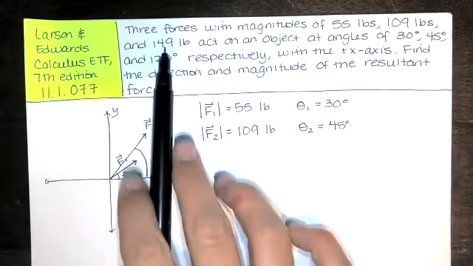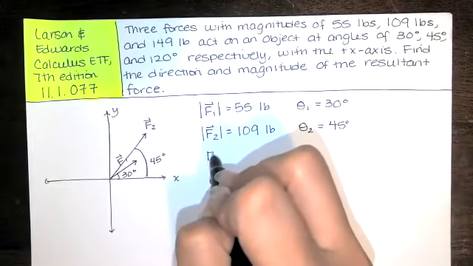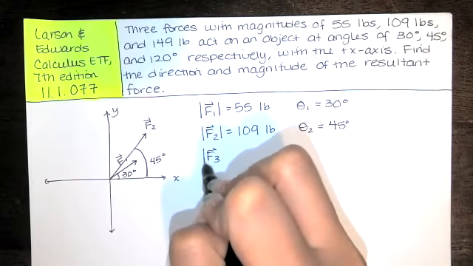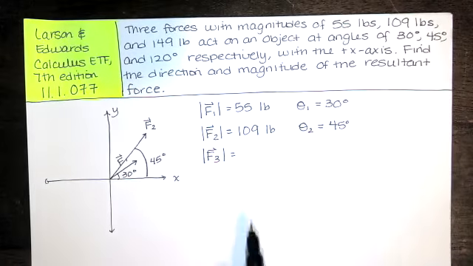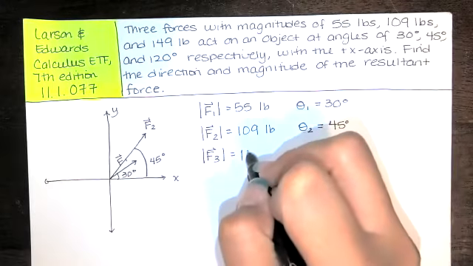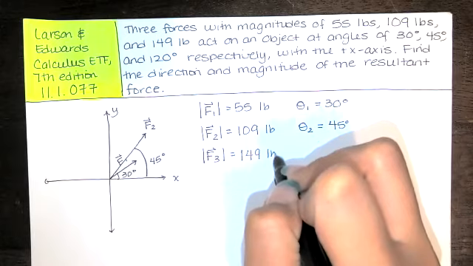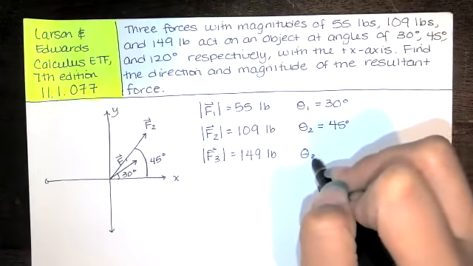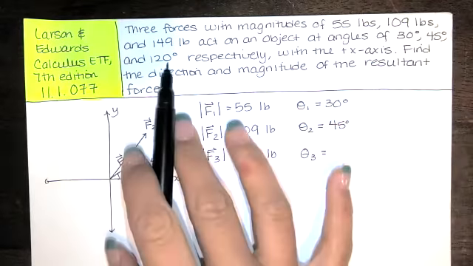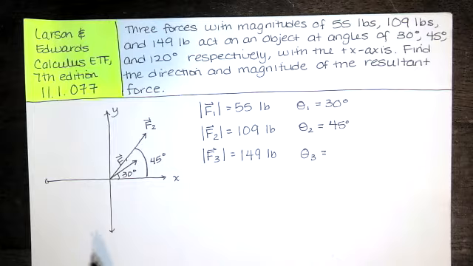Okay, and then our third force is 149 pounds. So it's a little bit less than 3 times that first force in magnitude. And it makes an angle of 120 degrees with the positive x-axis.